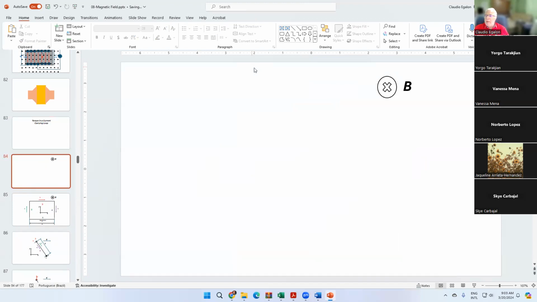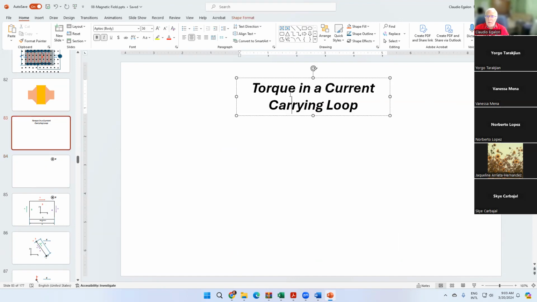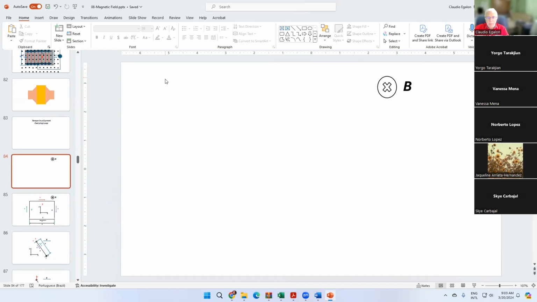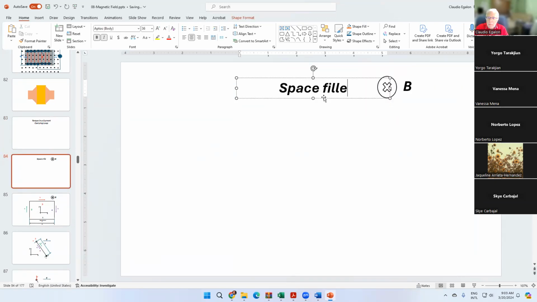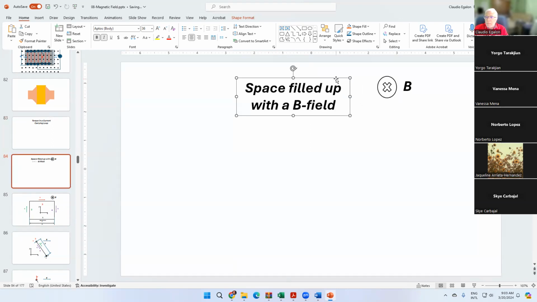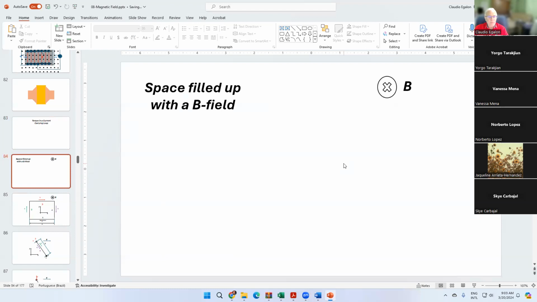So this space is filled up with a magnetic field into the board, this whole space. I'm not gonna draw all the lines, okay? Space filled up with a B field. Like that.